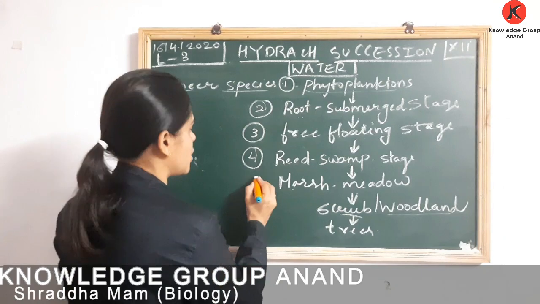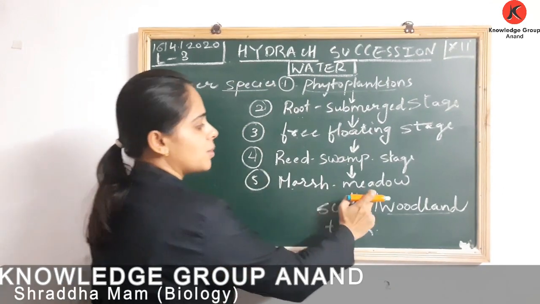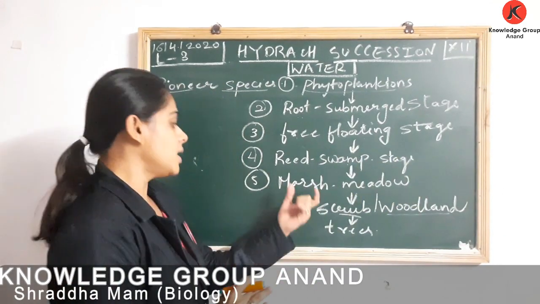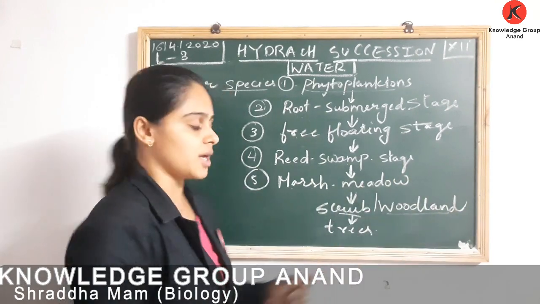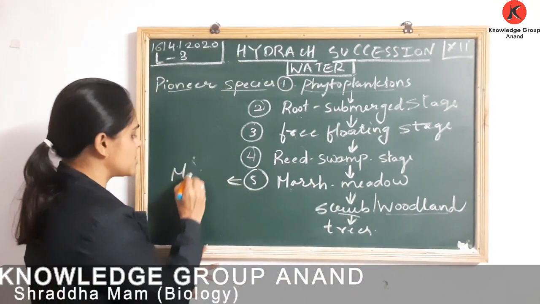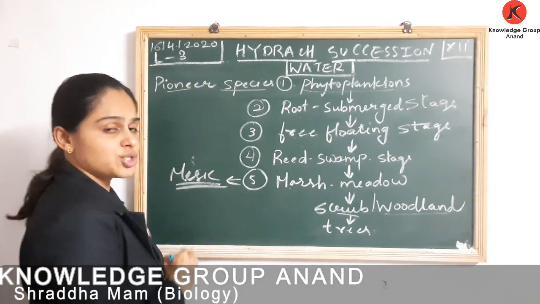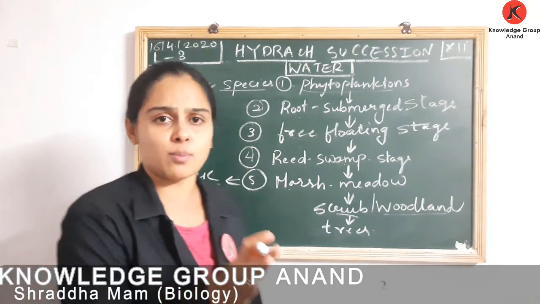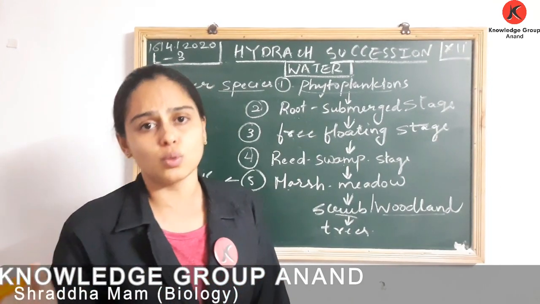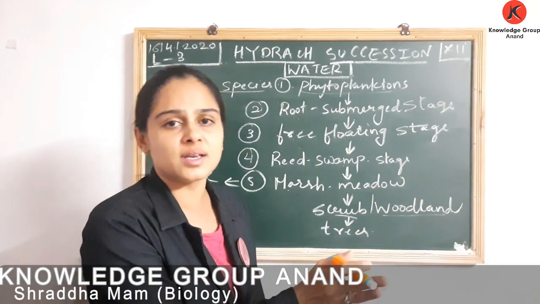Next comes your marsh meadow stage. Okay, in your marsh meadow stage, the condition is mesic. The condition becomes mesic. Mesic मैंने बोला था not too dry, not too wet. Okay, and धीरे धीरे what happens?